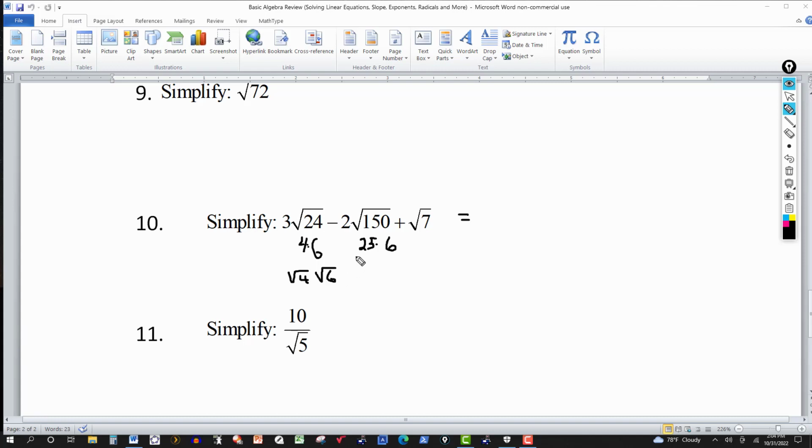This one breaks down into the square root of 25 and the square root of 6. Now the square root of 4 is 2, and that comes out and multiplies this coefficient. Square root of 4 is 2 times 3 will give me 6. And that leaves me with a square root of 6.